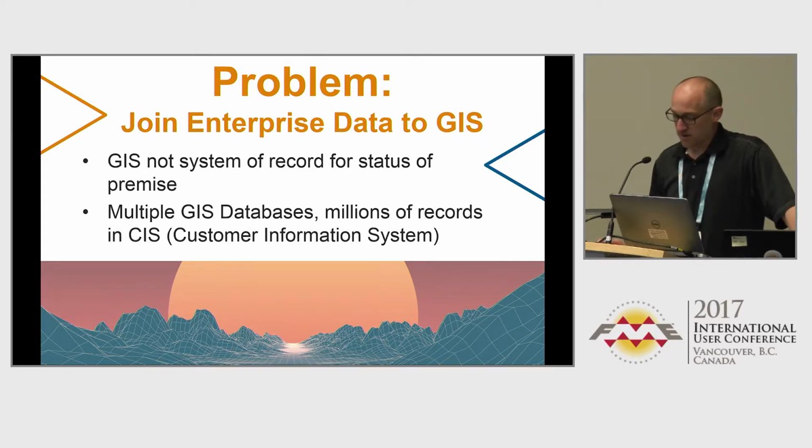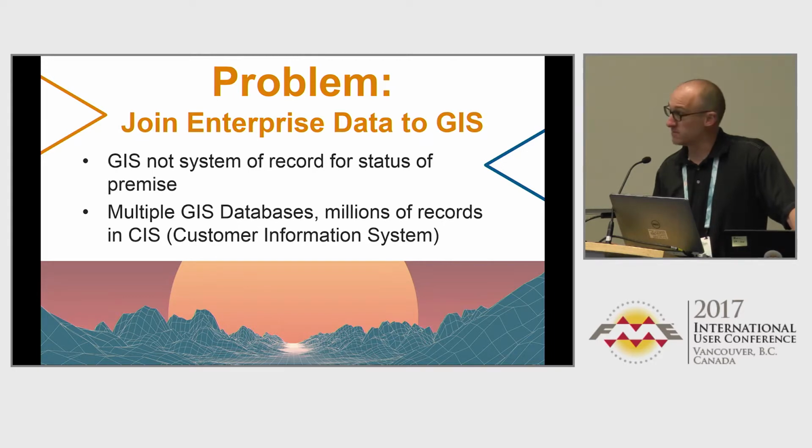And frequently we get audited by the Public Service Commission. They want to know how many customers are on right now, how many are inactive, whatnot. And so we can't just go to GIS and say, here's the data, because it's not there. So the traditional way before I used FME would be to go and ask our DBAs to export all this data from CIS into a table, and then I would bring it into GIS, and it's just a very long, time-consuming process.